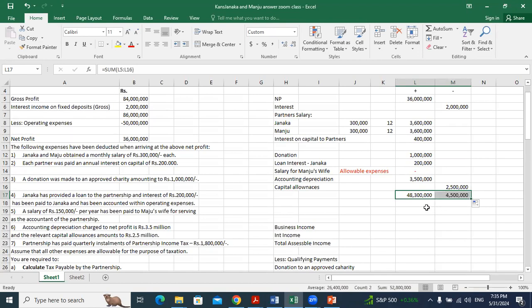The difference between these two. 43,800,000 is the business income of the partnership, the excess income of the partnership.